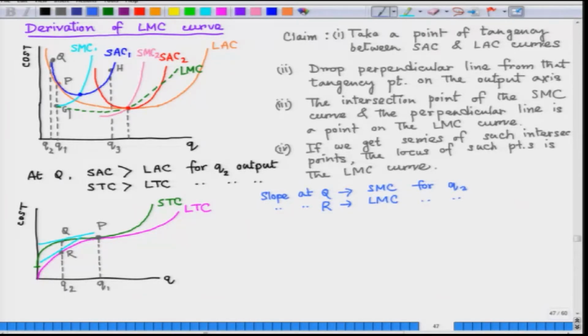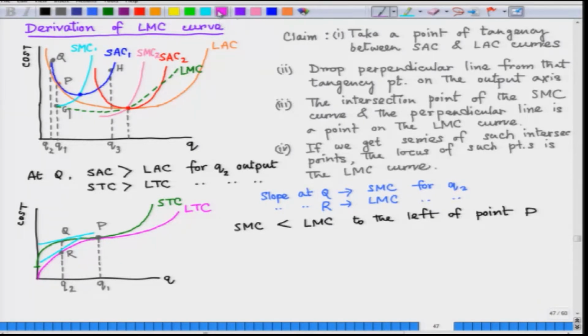Okay. So, what do we see? We see that short run marginal cost will be lower than the long run marginal cost to the left of point P, right. Okay. And that is the case we can observe from our graph as well.